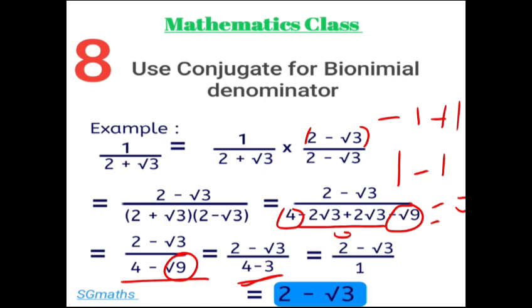And that will give us what? 2 minus root 3, and 4 minus 3 will give us 1. So the final answer here is 2 minus root 3, and that is correct. Okay, so that is how to solve surd.